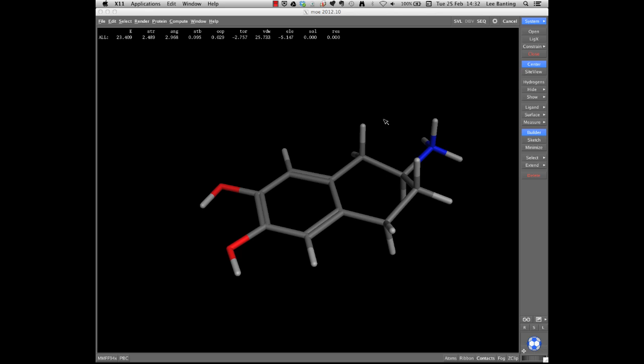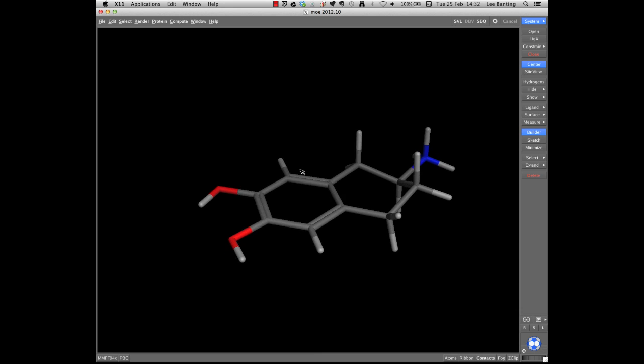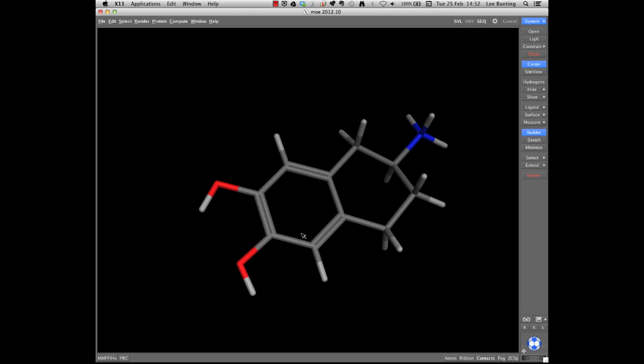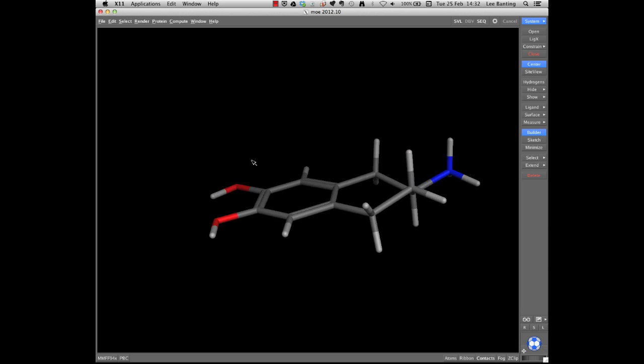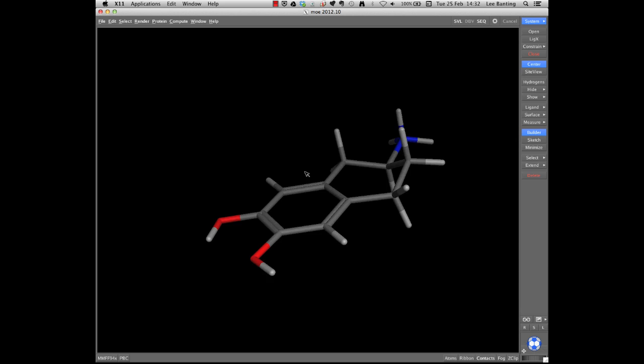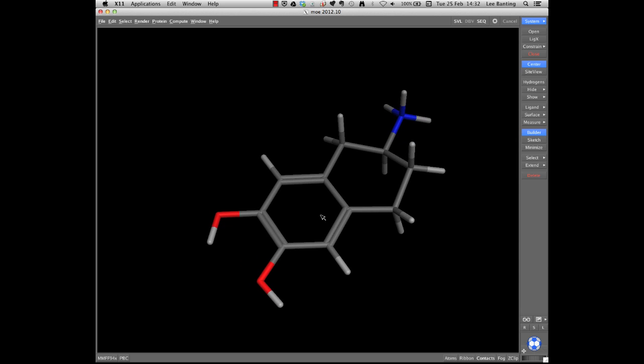Now that's effectively the energy it would be if you removed all the excessive motion in the molecule and chilled it down to 0 Kelvin. You've taken all the thermal energy away from it. So this is just a molecule that's got only potential energy as part of its structure.